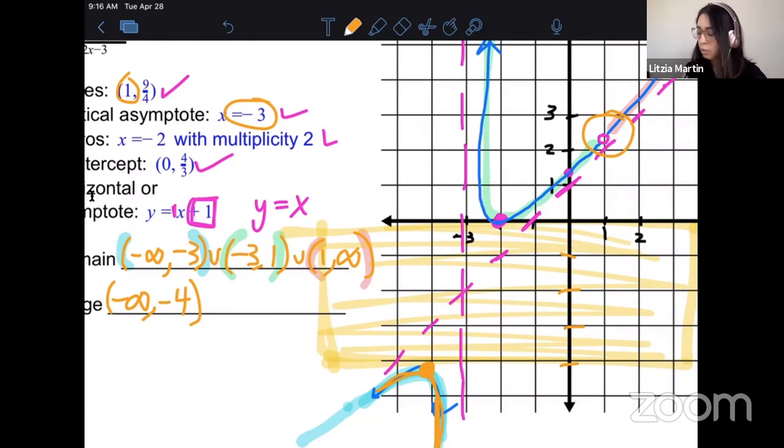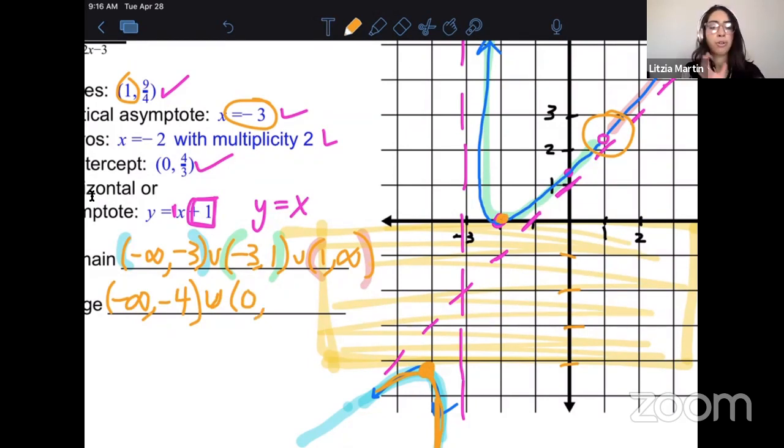And then we're going to union, and we're not going to write -4 because there's not any piece that comes after -4. The next point actually doesn't come in until this point right here, which is at 0.